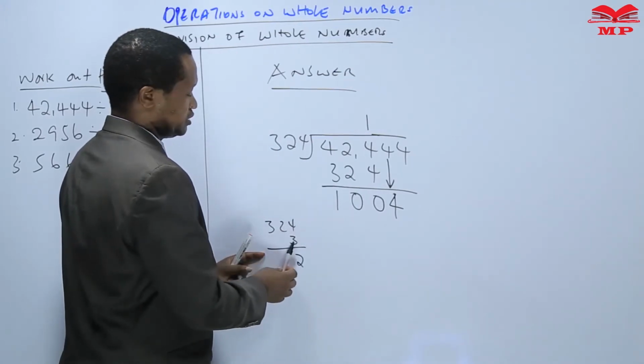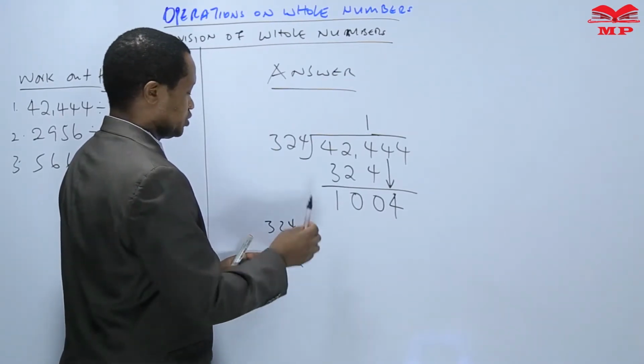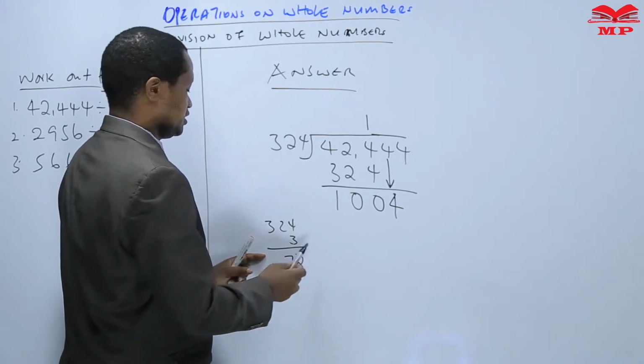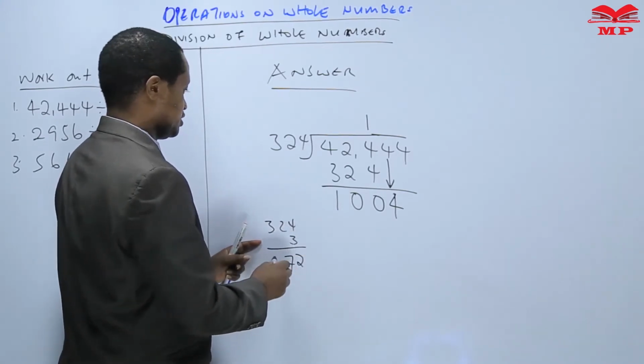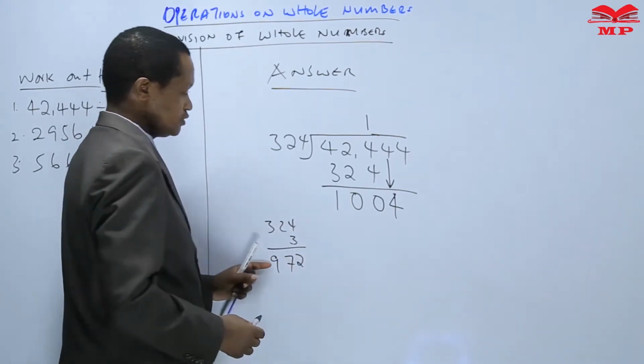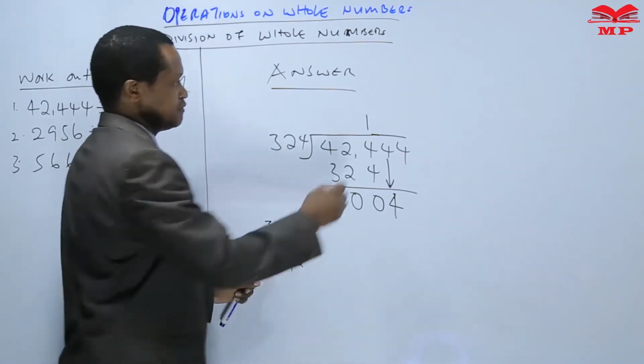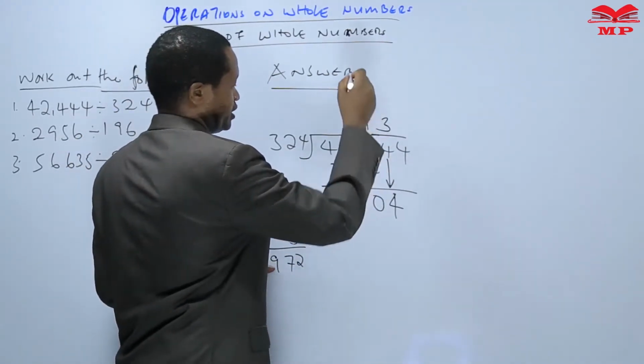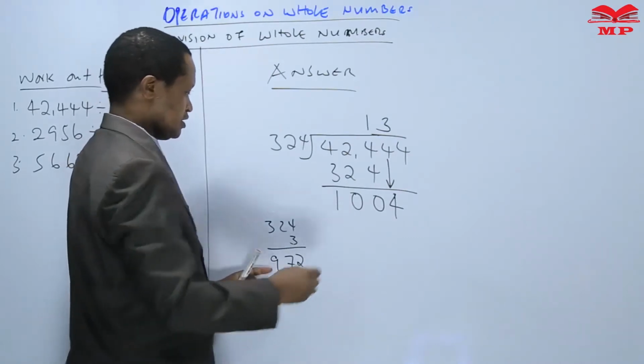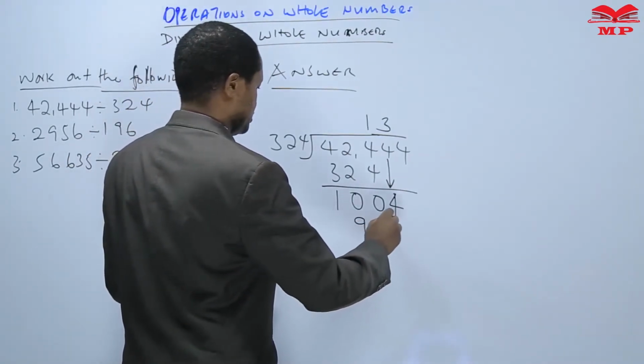So 324 times 3: 3 times 4 is 12, write 2, carry 1. 3 times 2, 6 plus 1, 7. Then 3 times 3 is equal to 9. So we write 3 here, then 972.